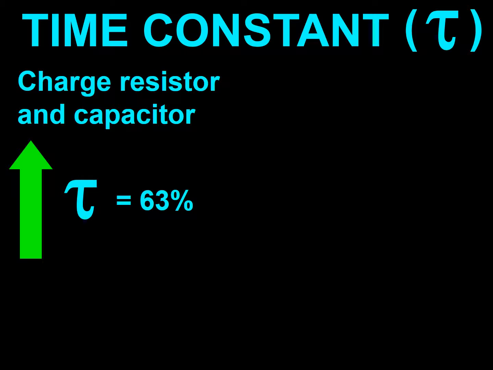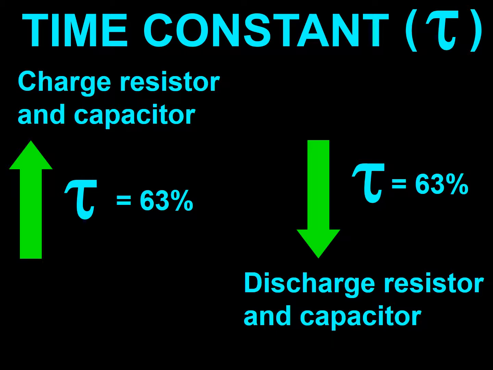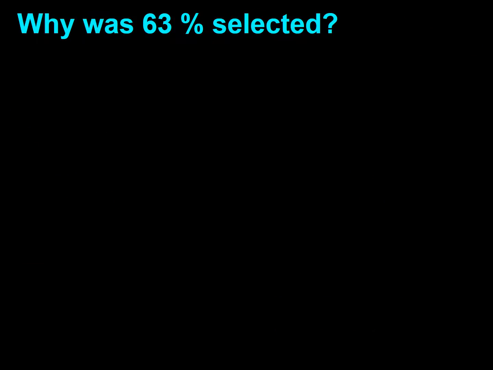Time constant represents the time it takes to charge a capacitor and a resistor to 63%, or to be discharged to 63%. The 63% is used because time constant is defined as 1 minus 1 divided by e. e is a constant used in mathematics.